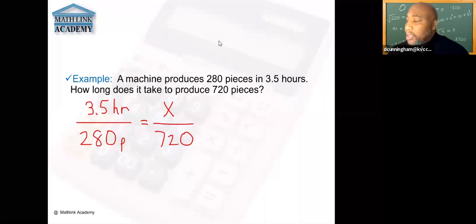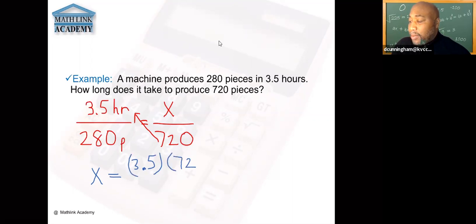Now in this case, I'm going to move that 720 up. I'm going to multiply, move that 720 up. And let me just change the color of the blue so we see what we have here. I'm going to move X over here. So this would be X is equal to 3.5 times 720 divided by 280.